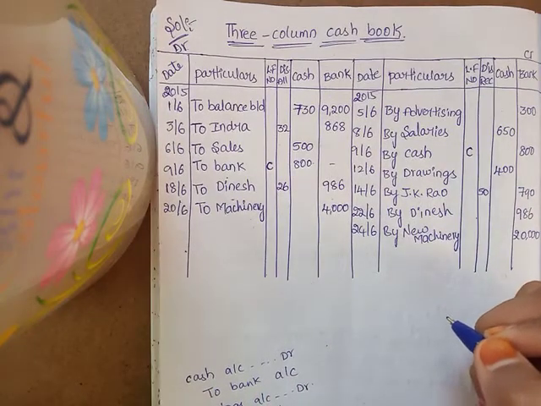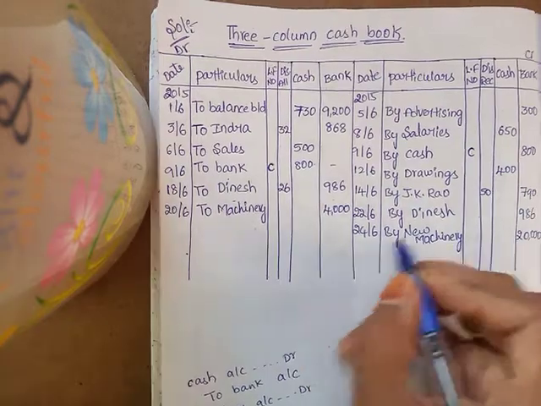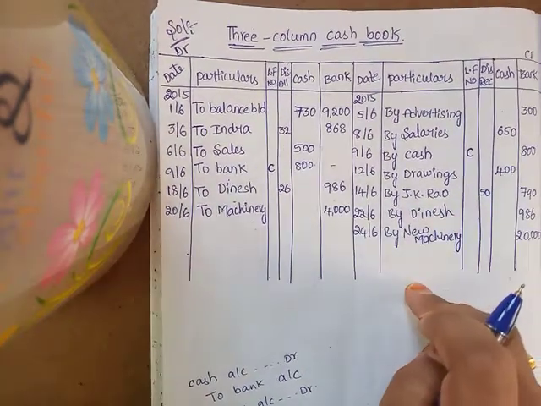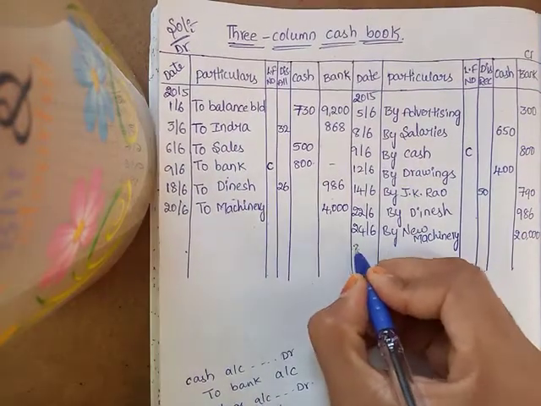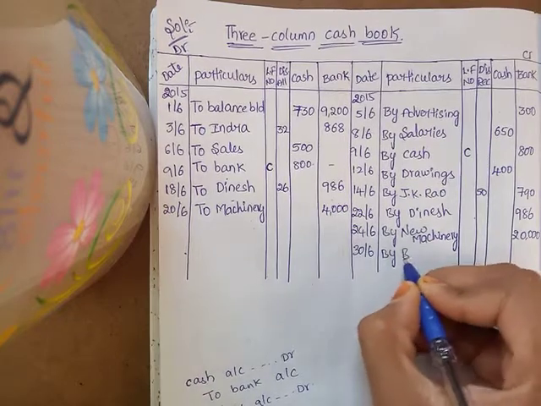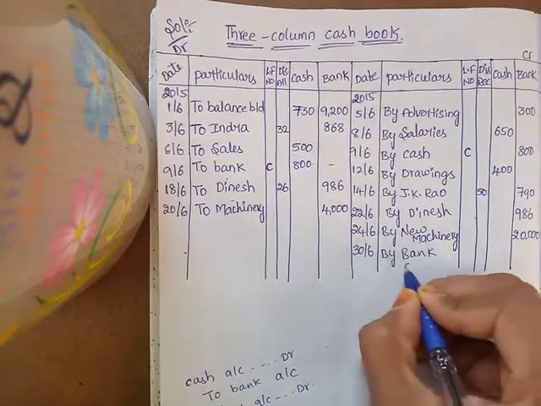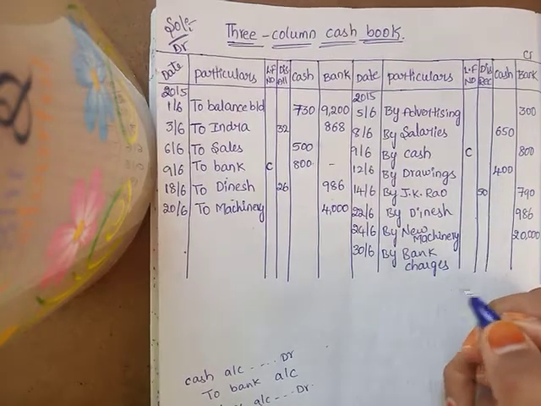Next is bank charges as per passbook. So that bank charges come under the credit side of the cash book in bank column. On June 30, by bank charges. How much rupees? 20 rupees.